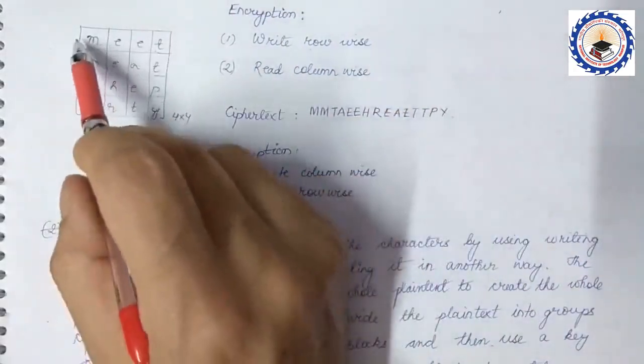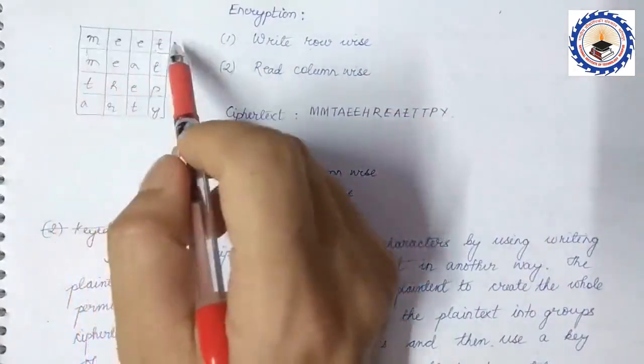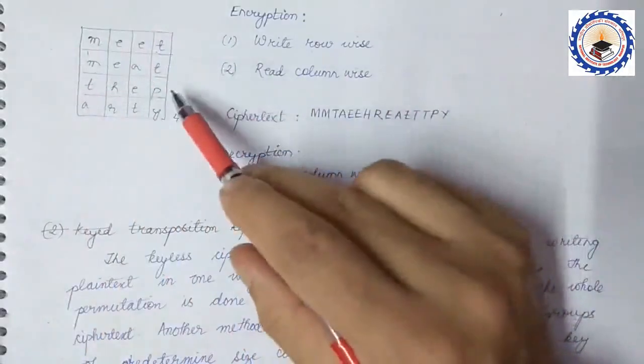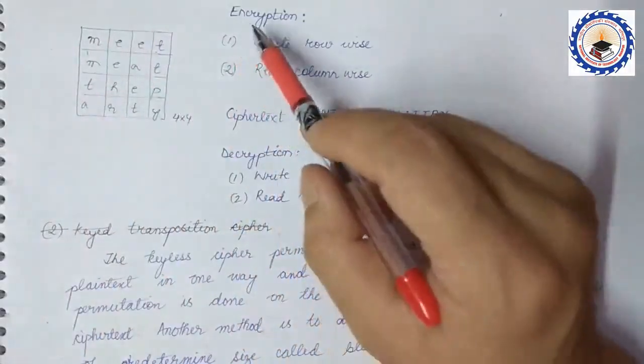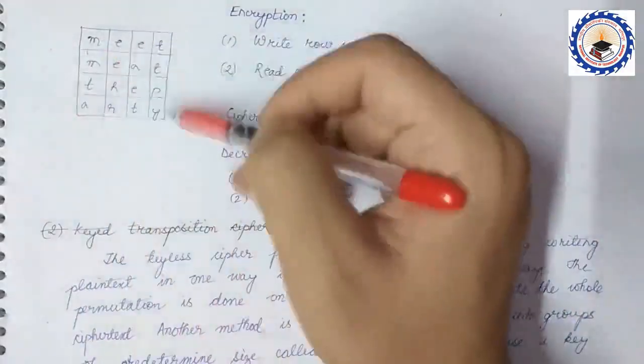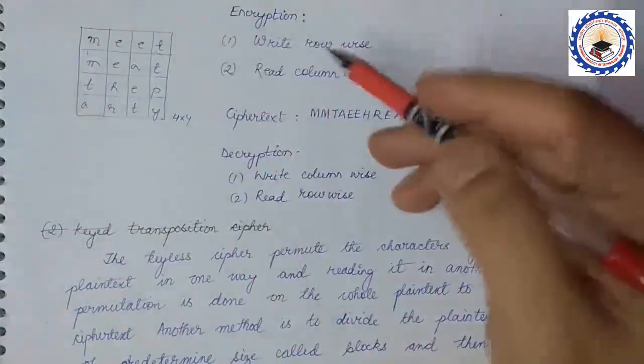So you have to write row wise. There are no certain rules here. For encryption you can write row wise and then read column wise, or you can do the reverse.